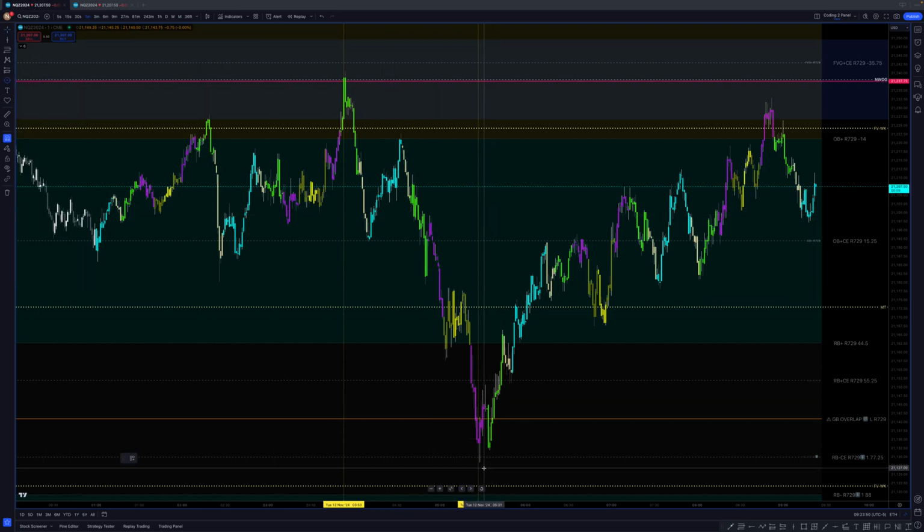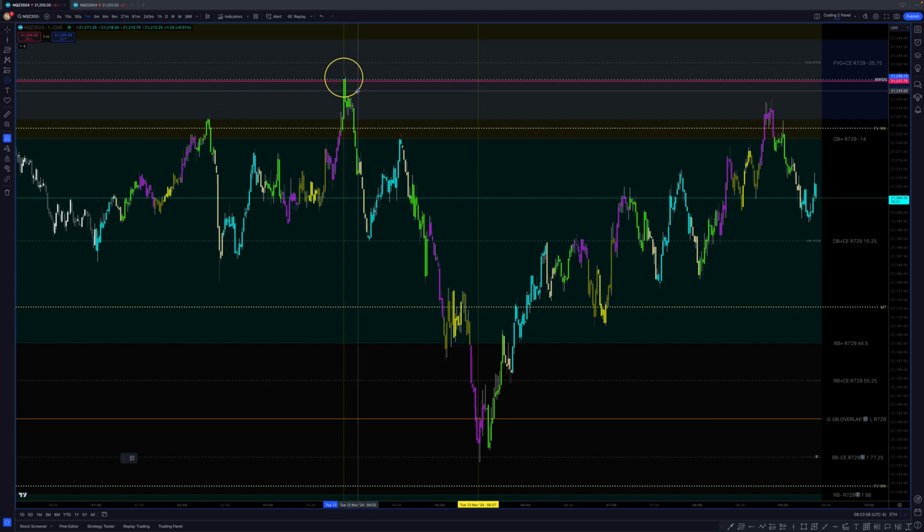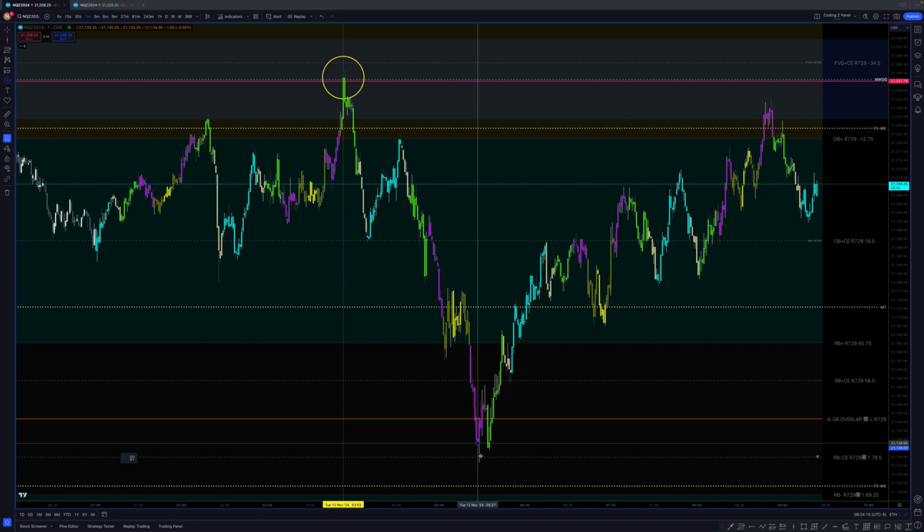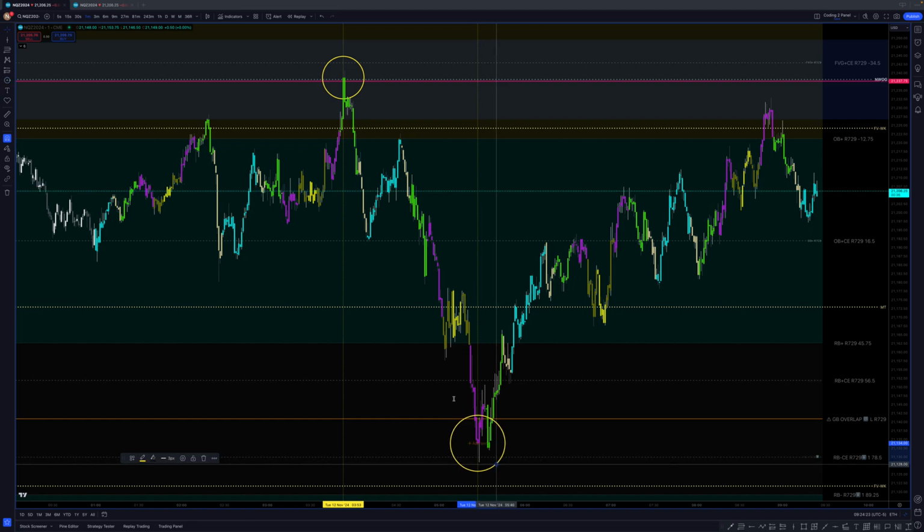So what I'm trying to do is focus in on from basically I'm looking at here to here to here. That's my two areas of focus. There to there.